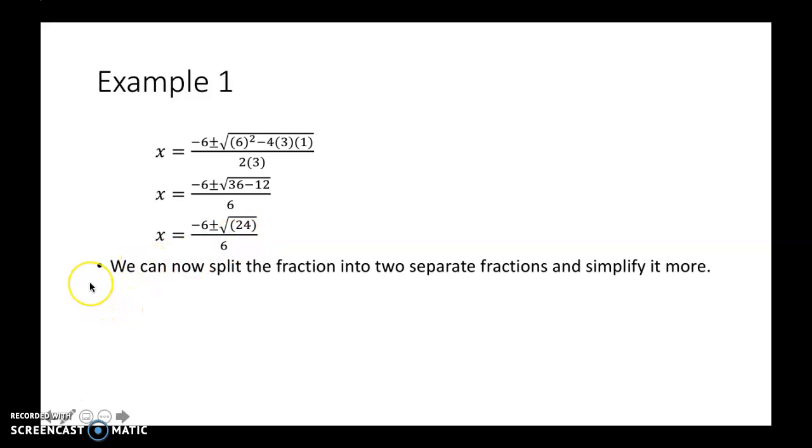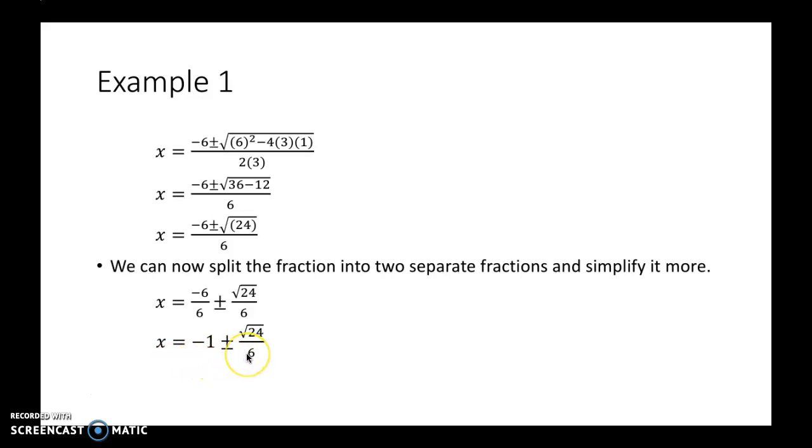Then after doing this, we can split it into two separate fractions so that it will be x equals -6 over 6 plus or minus the square root of 24 over 6. And then by simplifying the -6 over 6, we get x equals -1 plus or minus the square root of 24 over 6.